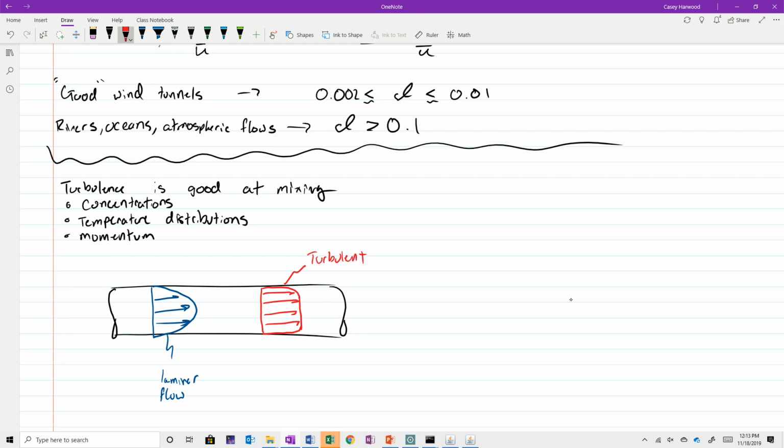The reason for that is that if we have a laminar flow that becomes turbulent, those turbulent fluctuations are going to do a really good job of spreading out momentum across the pipe. It still has to obey the no-slip boundary condition at the edge of the pipe, so it has to decrease to 0 here. But as you move away from the wall, really quickly that mixing action does a good job of distributing the mean velocity.